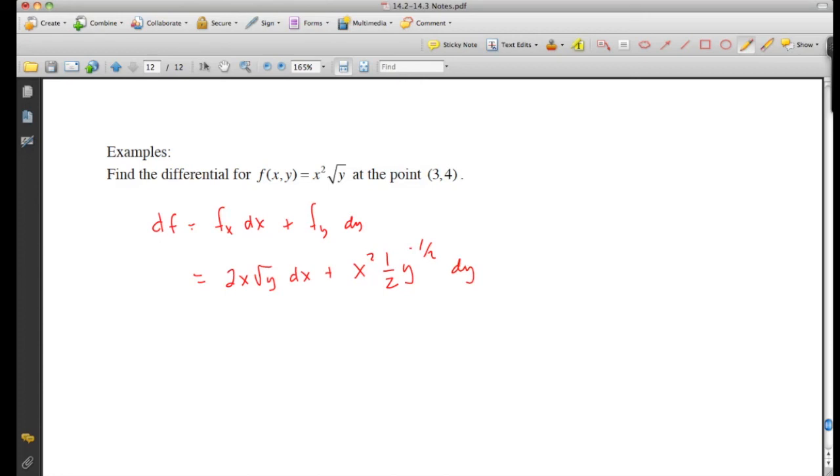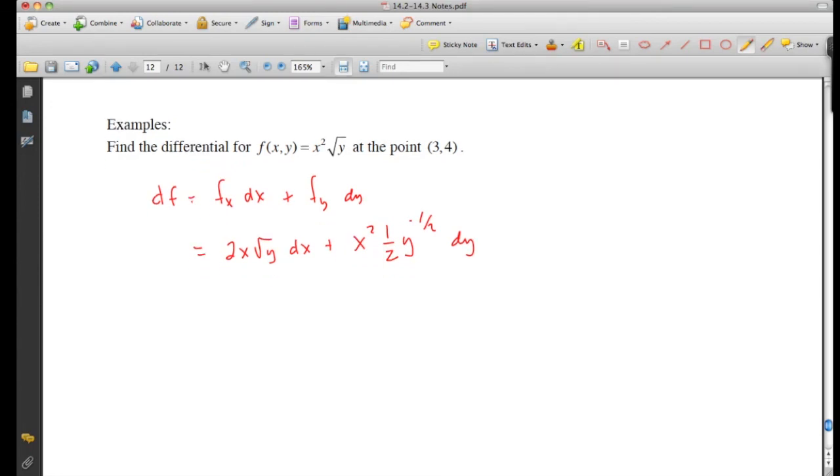For right now, it looks like this is just going to be notation, but this is something that's going to be important later on in the course. Okay, so then I guess it tells us to do one more thing, and that is to find those partial derivatives at this point 3, 4. That just means plug 3 and 4 in. So this will give me 2 times 3 is 6, times the square root of 4 is 2.